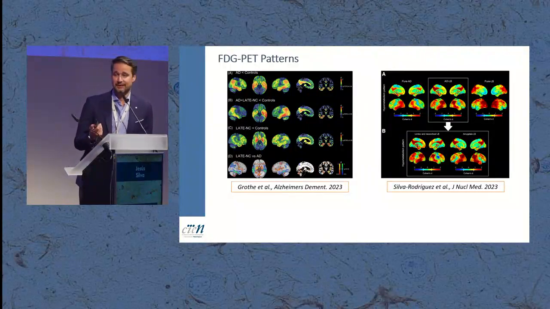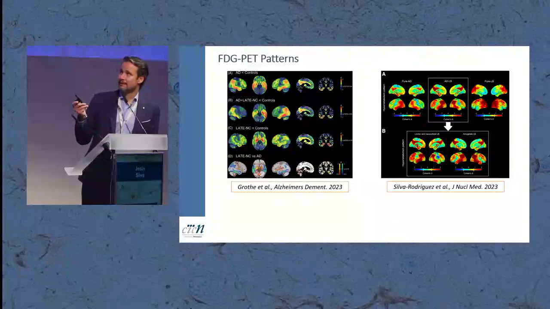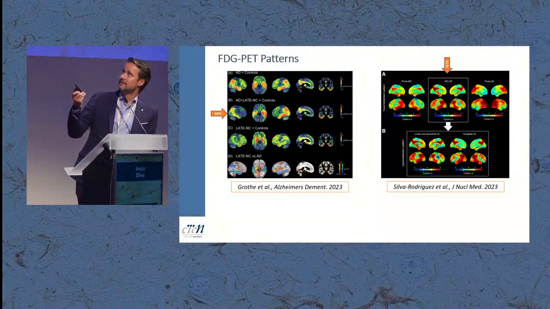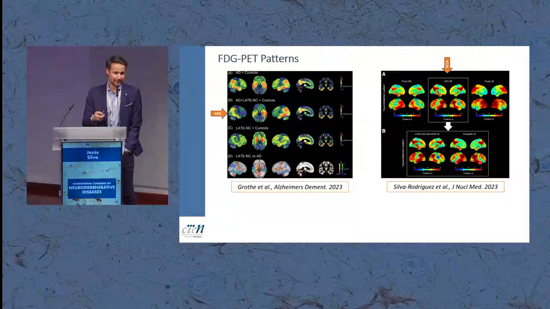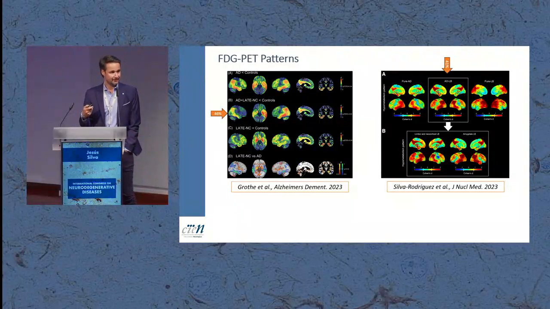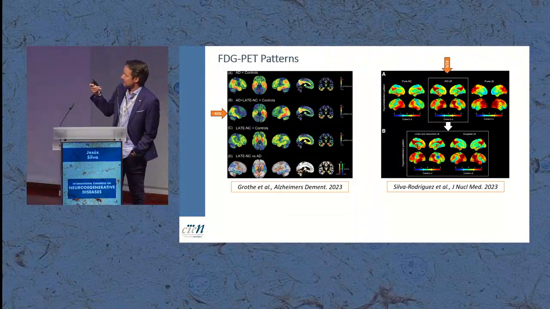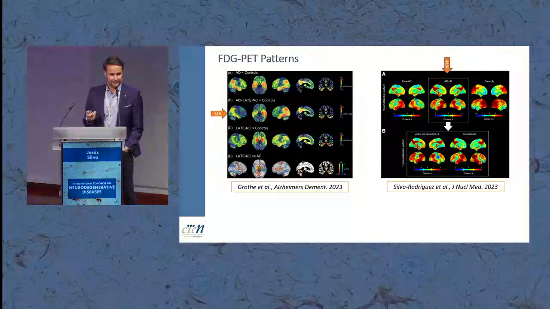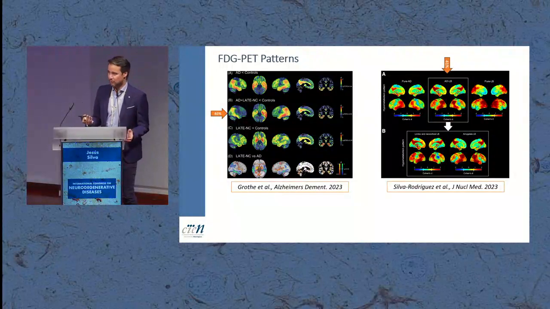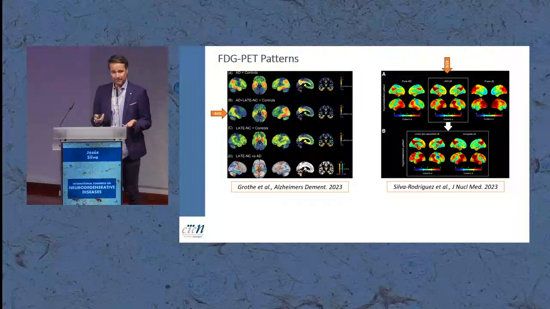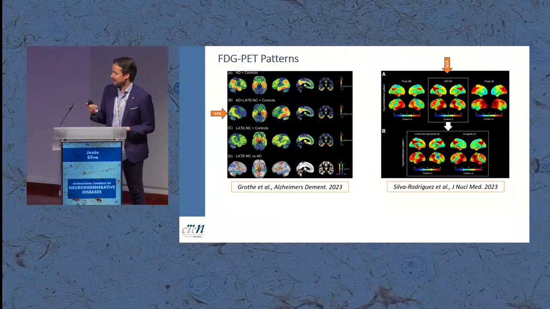And the first finding here would be that the patients that have both pathologies, so they have mixed AD and TDP-43 or mixed AD and Lewy bodies, don't exhibit a different spatial distribution of hypometabolism that would be able to help us distinguish them in the clinic.